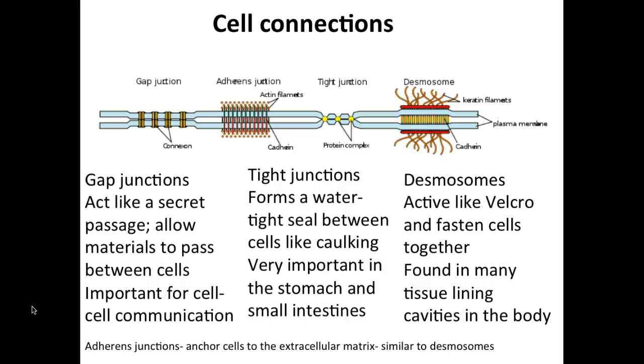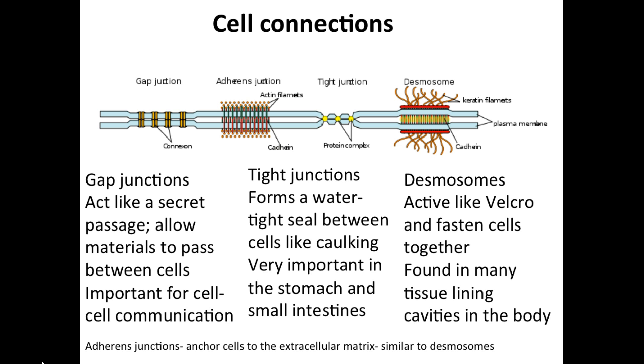We're going to focus on just the three: the gap junctions, which are essential for allowing communication but also act as a passageway. You're going to see these in the heart as well as with, well, we'll get to those in Bio 102. And the tight junctions, these are going to form a watertight barrier.